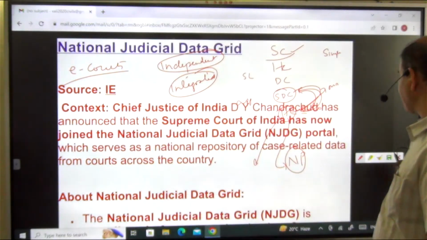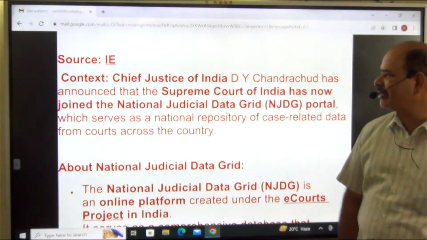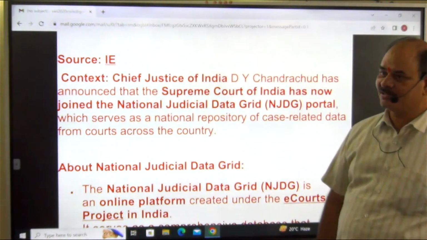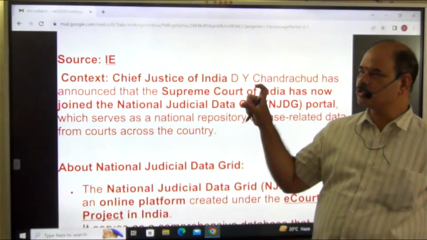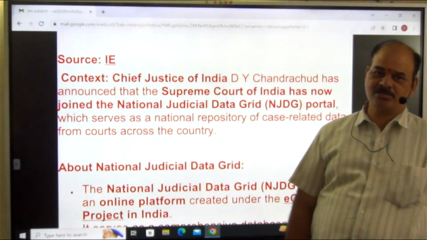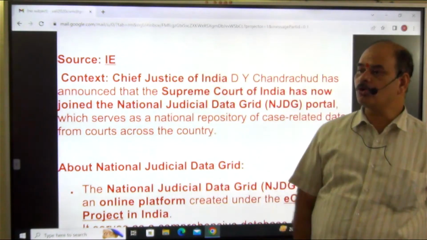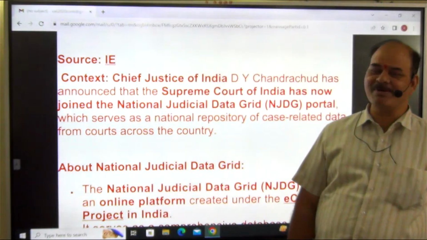CJ of India, D.Y. Chandrachud, has announced that the Supreme Court of India has now joined the National Judicial Data Grid. So along with the lower courts, even the judgments of the Supreme Court are available in that grid. It will facilitate courts to discharge their duties or pronounce their judgments at a faster rate.